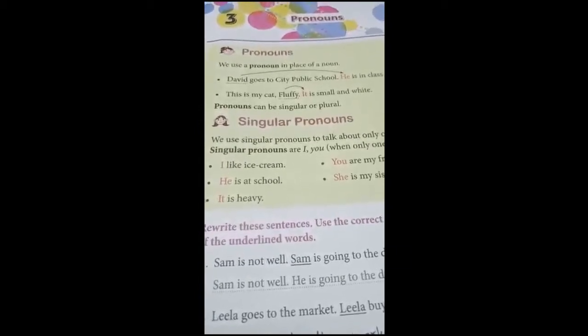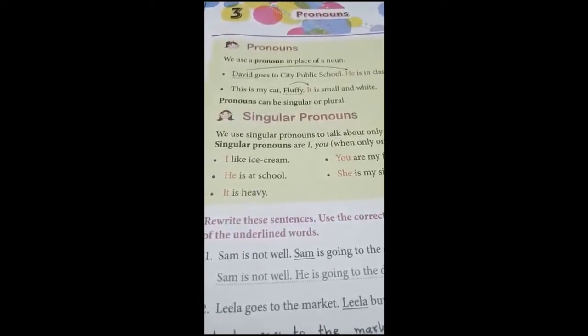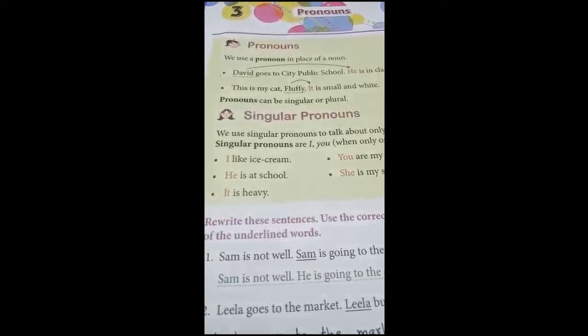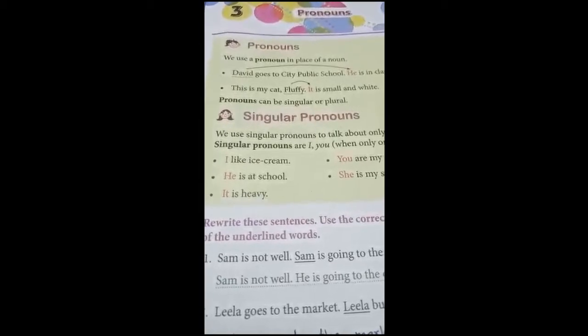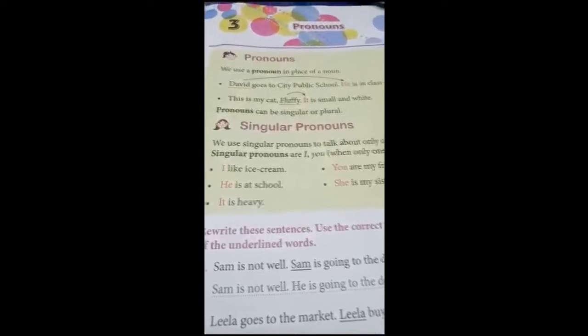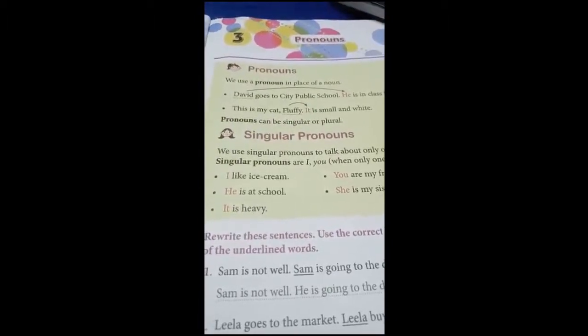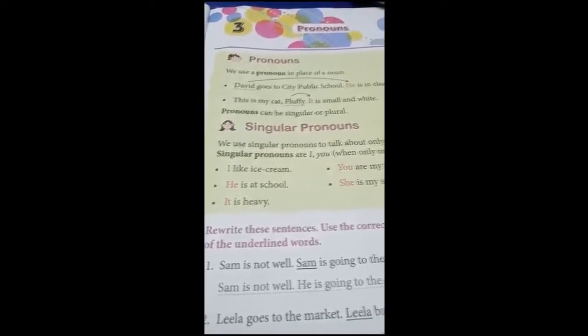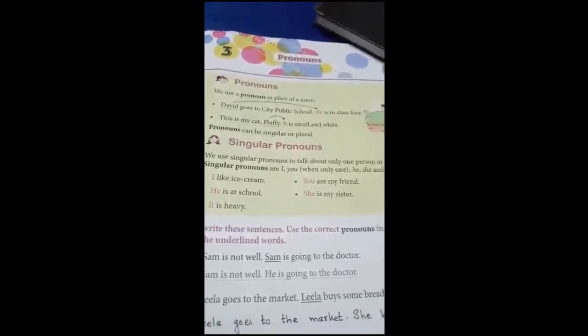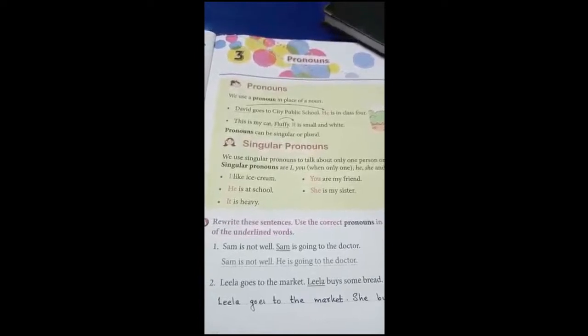But a pronoun can be singular or plural. Here are singular pronouns. We use singular pronouns to talk about only one person or thing.